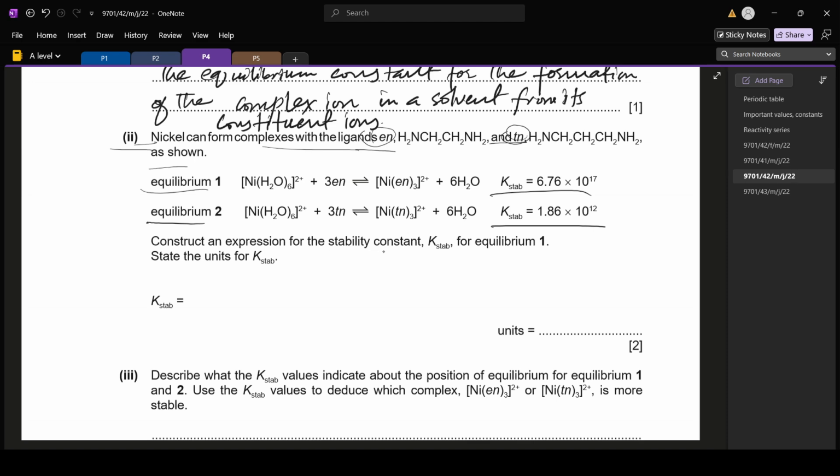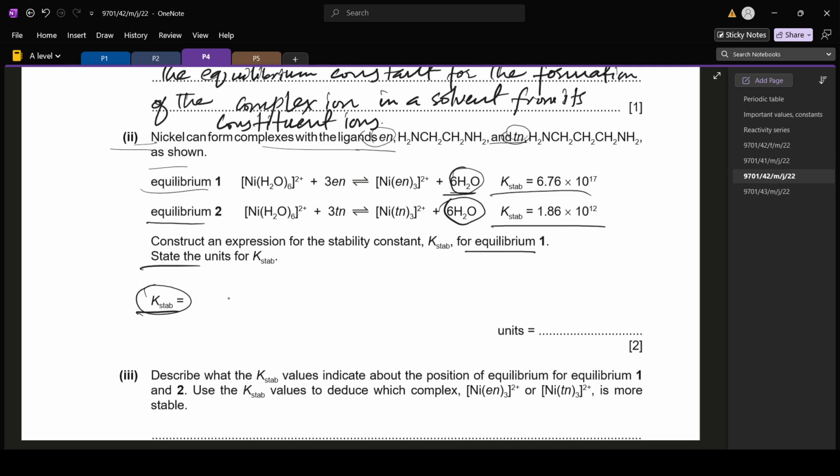Construct an expression for the stability constant for equilibrium 1, and give the units. By the way, in K stability we don't include water, because the water is acting as a solvent.